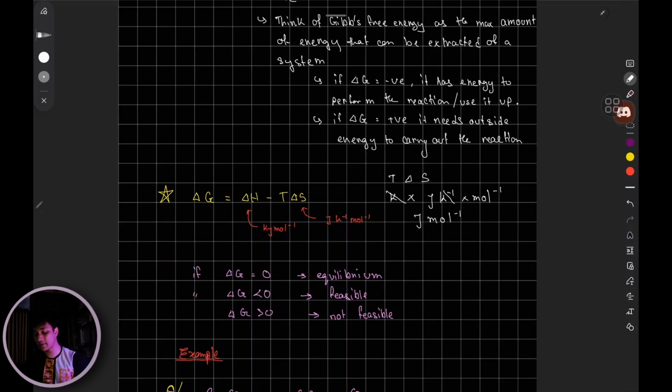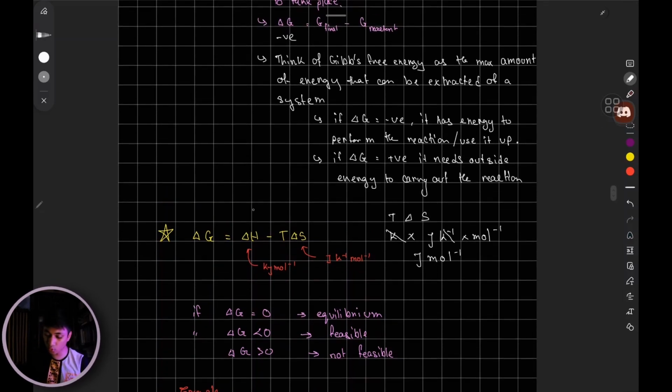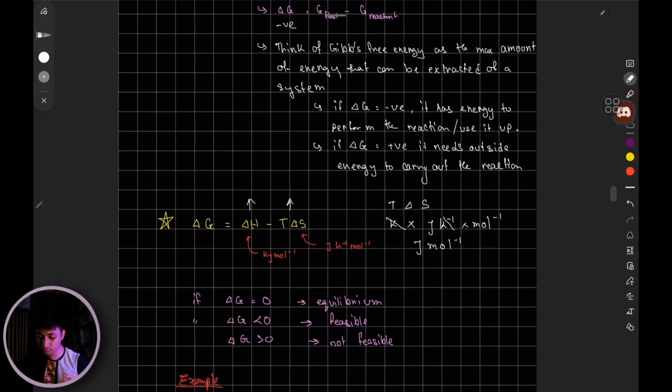So what does that mean? T del S is giving you the change in energy due to the change in entropy. So you are subtracting the change in energy due to the change in entropy from the change in enthalpy.